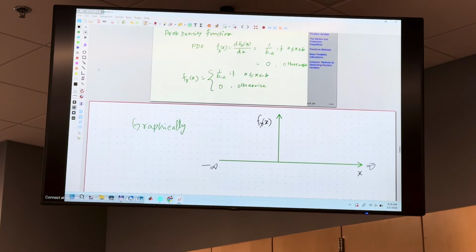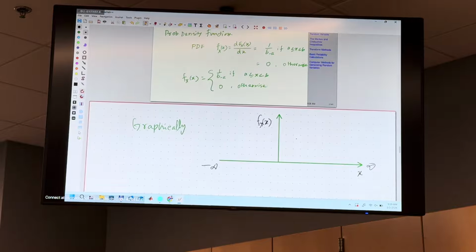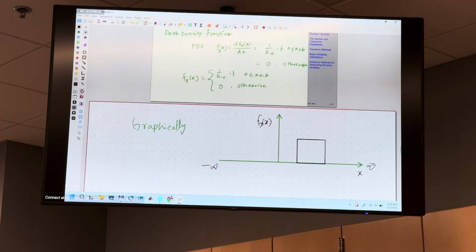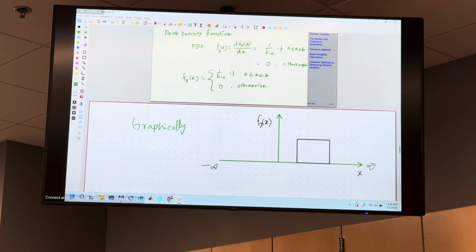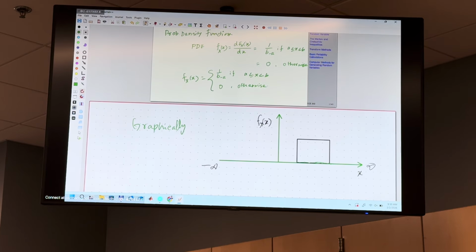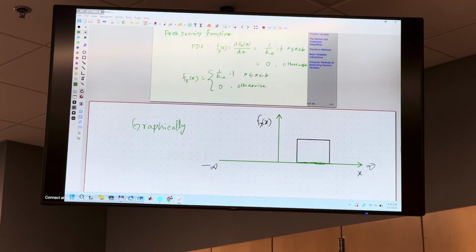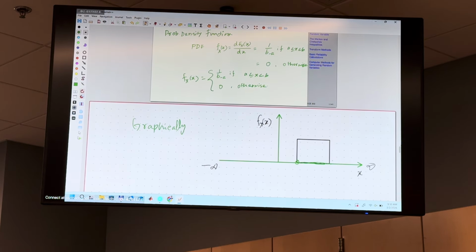It is simply an open circle here, open circle here.